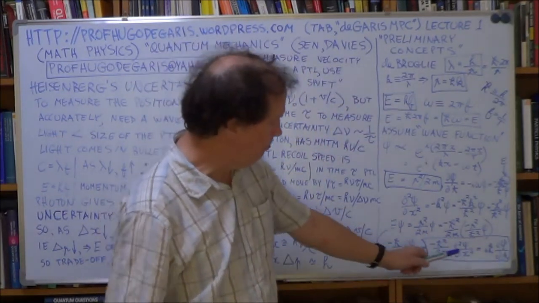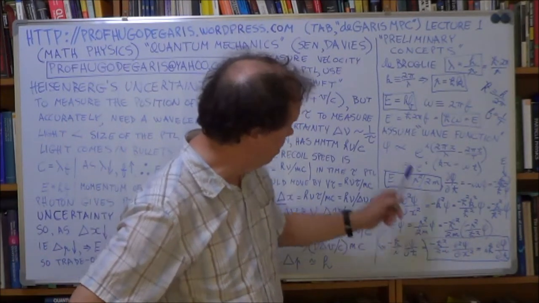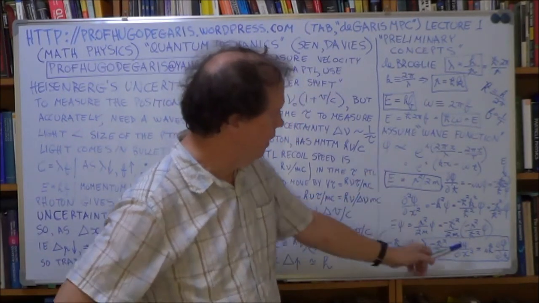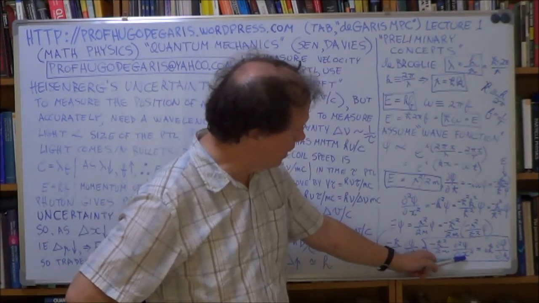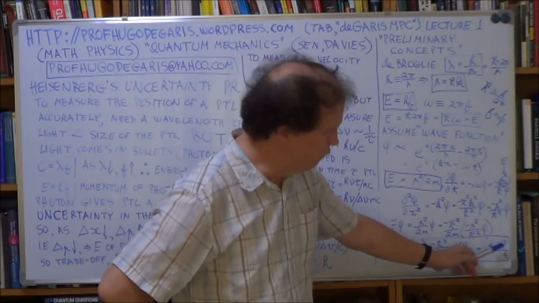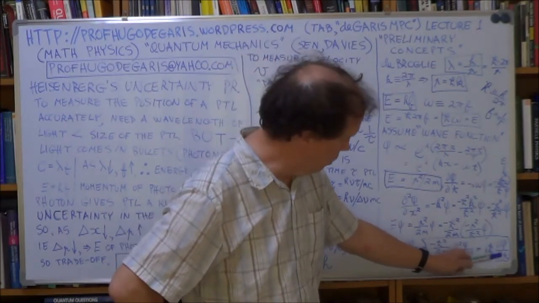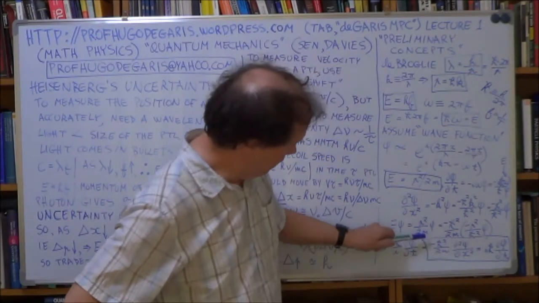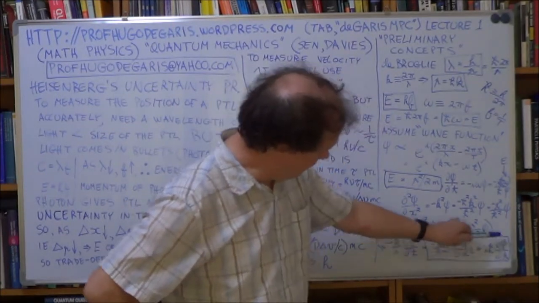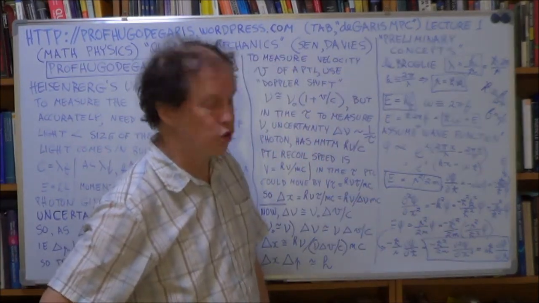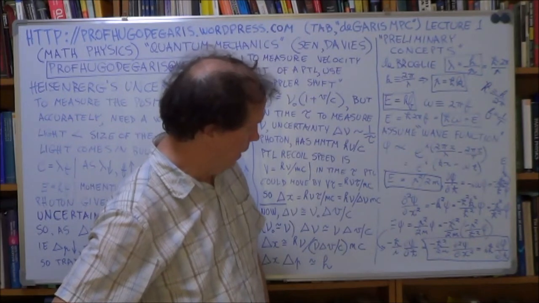You've got an equation now for your wave function in the second differential in terms of the position, x, and the first differential in terms of the time, t. This equation here is the famous Schrödinger equation.